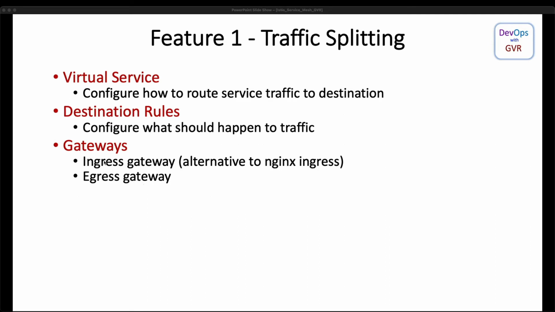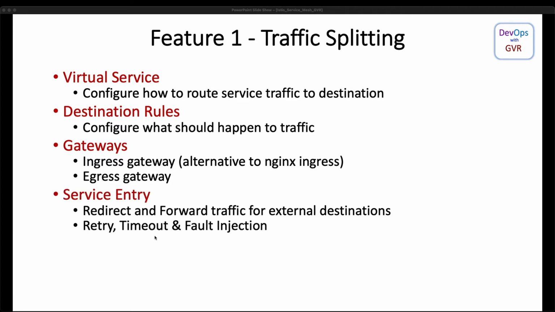By using this gateway, you can control incoming and outgoing traffic, and by using a virtual service and destination rule, you can configure a virtual service on top of an existing Kubernetes service, and then leverage all the other features. And service entry. Service entry is another kind here, where you can redirect and forward the traffic.